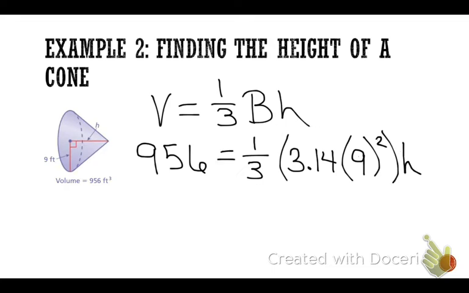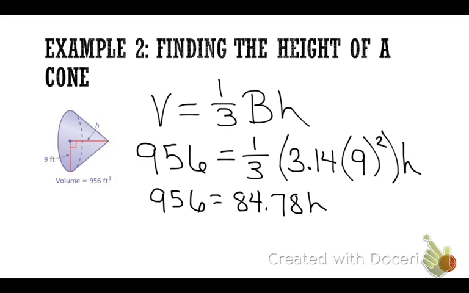Right? So I got 956 equals 84.78 H. Did you guys get that? Test it. All right? You should have your calculators with you today.